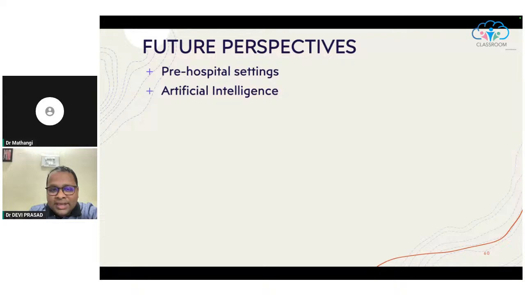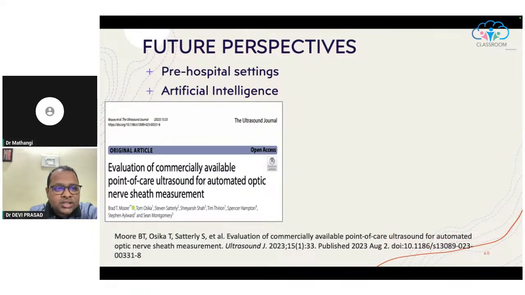And on this, there was a very recent study in August 2023, by Moore et al. They evaluated six commercially available point of care ultrasound devices for automated optic nerve sheath measurements. For each of these six devices, they hired novices, persons who are very beginners to ultrasonography.